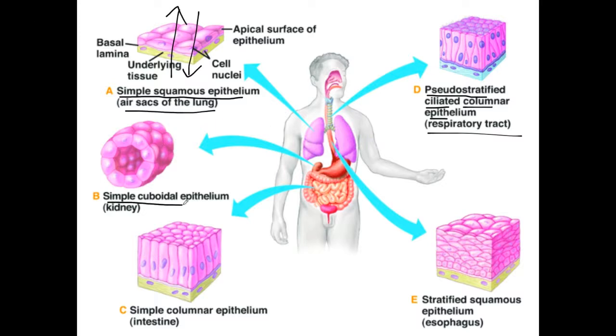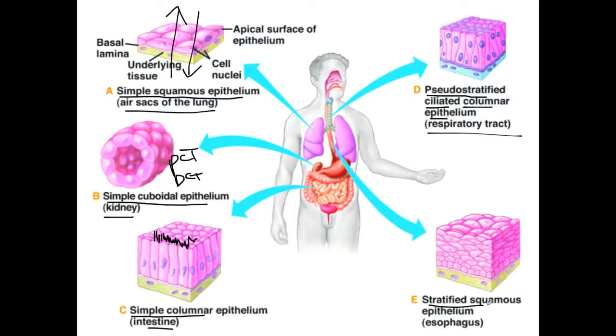Simple cuboidal epithelium is found in the kidney, especially the proximal convoluted tubules and the distal convoluted tubules of the nephron, which is associated with the kidney. Simple columnar is found in the GI tract or the intestines. And again, you can also have not cilia here, but microvilli, much, much smaller microscopic filaments for the absorption of nutrients.